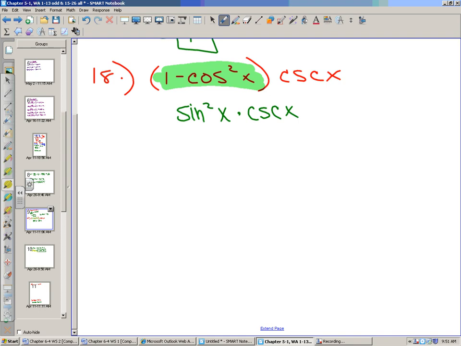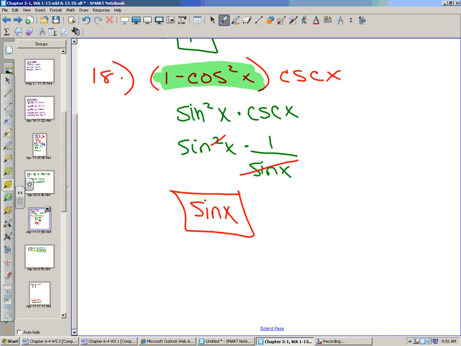And the terms are going to be your trig functions: sine, cosine, secant, cosecant, tangent, cotangent. So what would we do with this? Sine squared stays because that is as simple as it's going to get. Cosecant becomes 1 over the sine. Now, that is gone, and the squared is gone, and what am I left with? I'm left with just sine of x. What letter is sine of x? Letter F. Do we understand this?